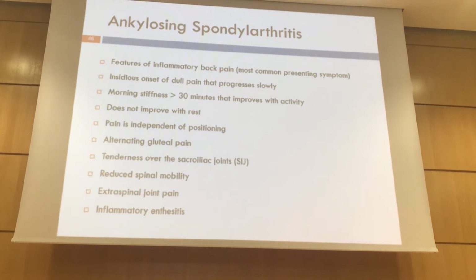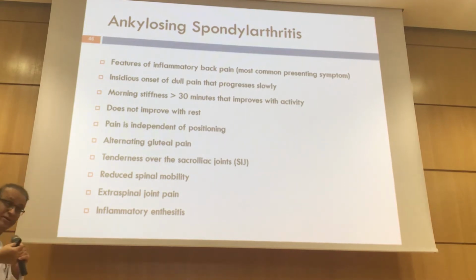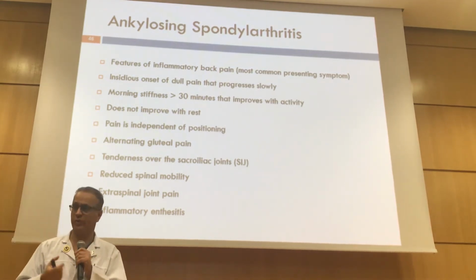Okay, so the features of ankylosing spondylitis, features of the inflammatory back pain. Remember, the joint pain can be either inflammatory or mechanical. When I ask you if you have back pain, how do you differentiate whether this is inflammatory or mechanical pain? Mechanical pain will get worse with activity.